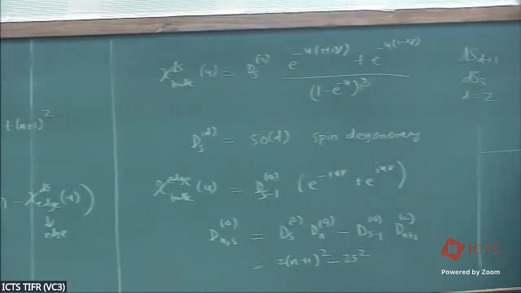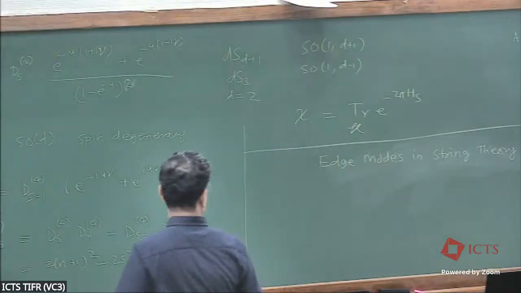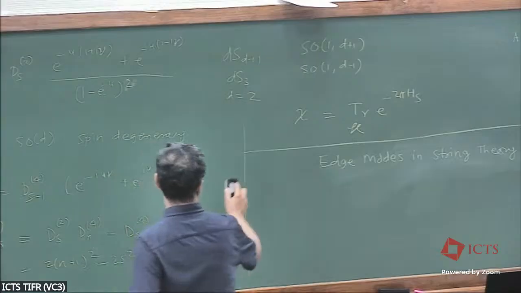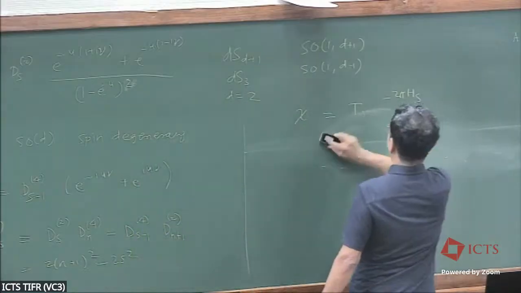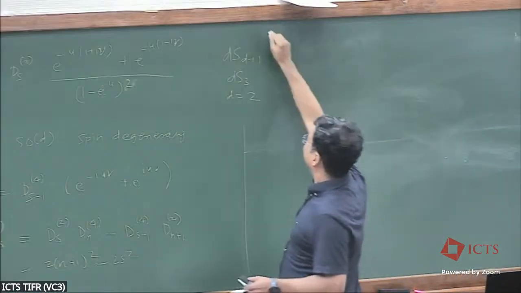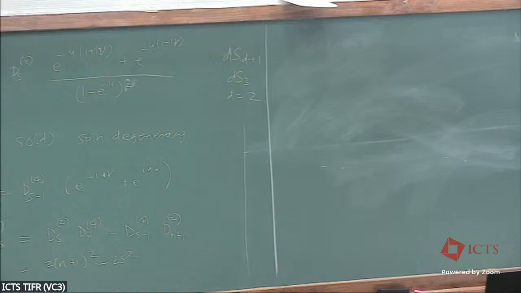So now the question is, I just want to remind, I'm going behind the horizon. This is the horizon, no? Here is the horizon, right? So, edge modes in string theory.